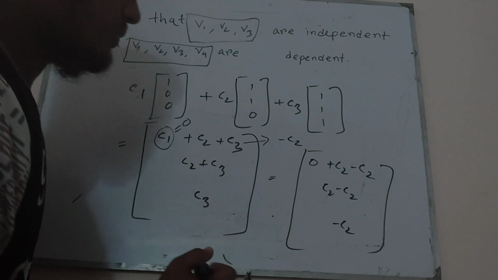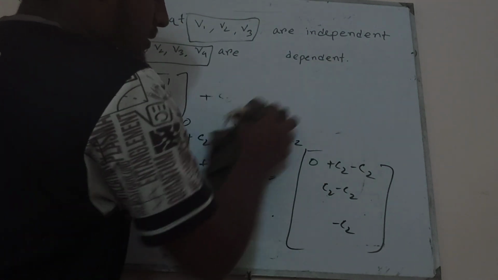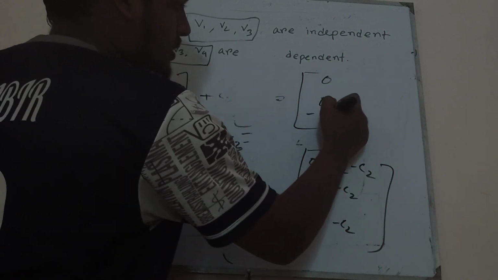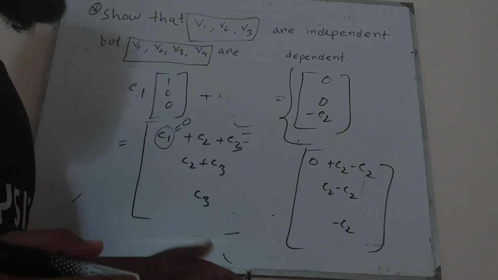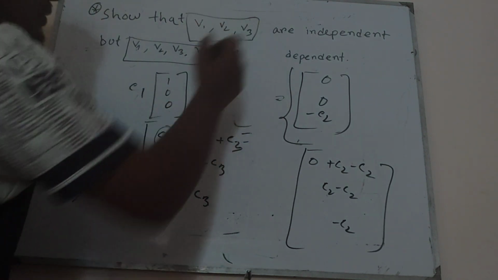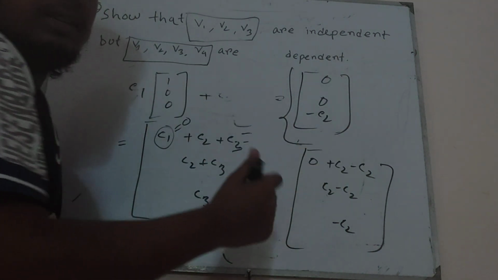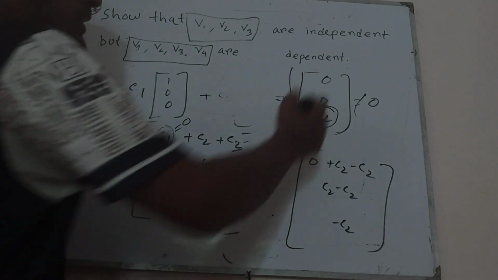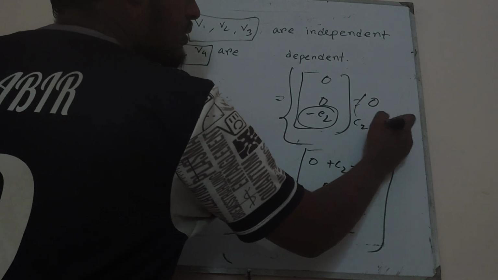Then in the next line we get 0, 0, minus C2. This is a general solution that is close to 0 for these particular V1, V2, V3. But we see that this column matrix is not equal to 0 because there is a minus C2, and it can be 0 only if C2 equals 0.